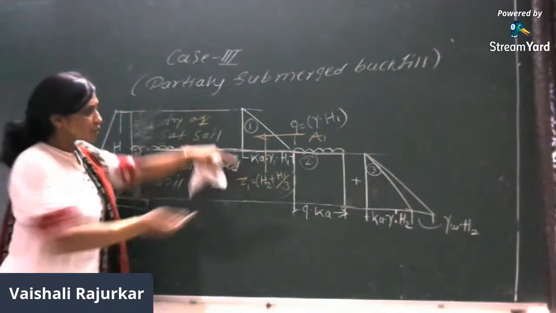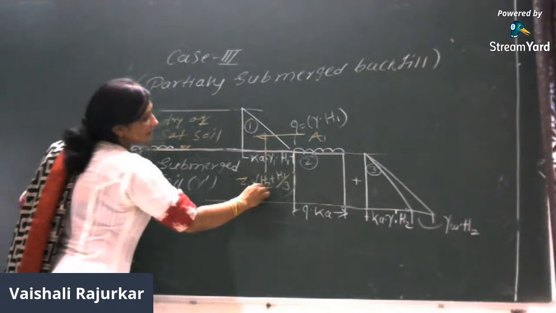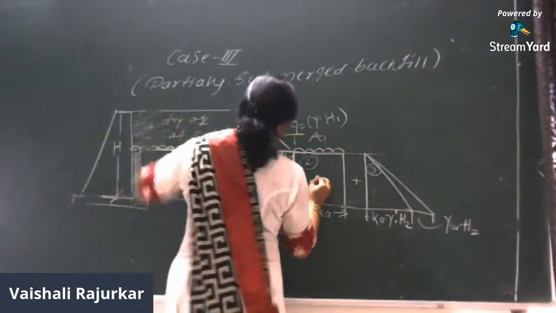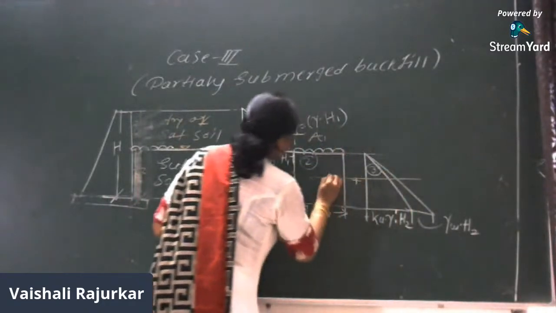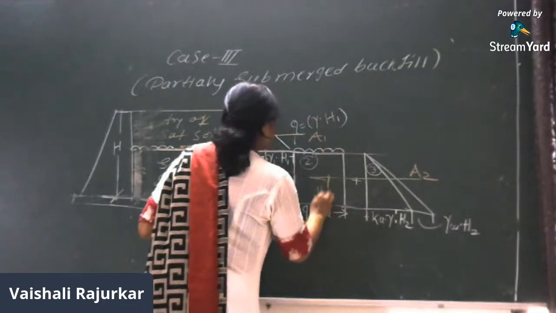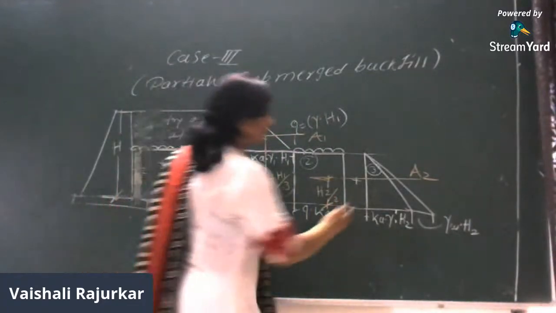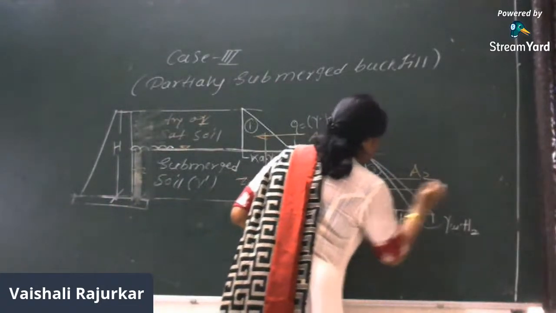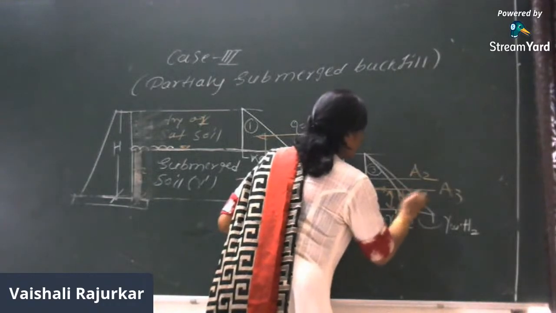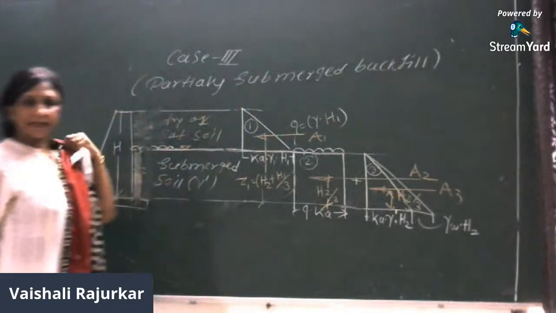Z1 is equal to H2 is the distance, then here it will be H1 by 3, right? Then the CG of the second diagram, A2, will be at H2 by 2. And the third, A3, will be at H2 by 3. Are you getting it?